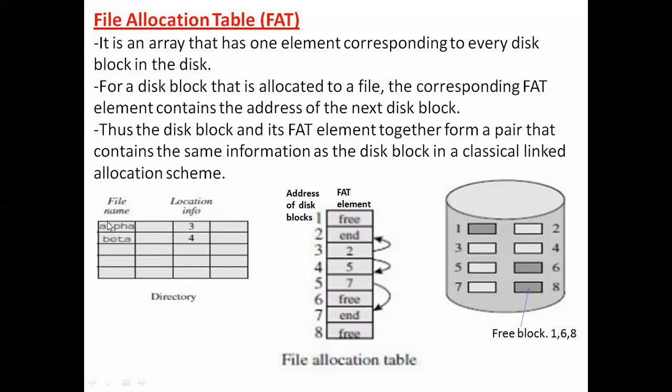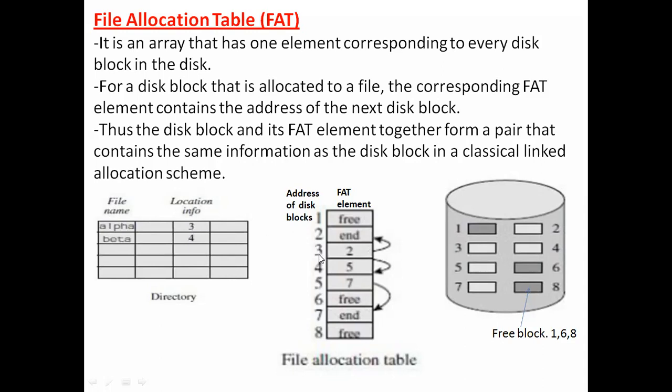Are you following it? Again, we have the same use of a directory, which gives us the file name, for example alpha and beta, along with the location information. The file alpha is stored starting at which disk block? The address is 3.